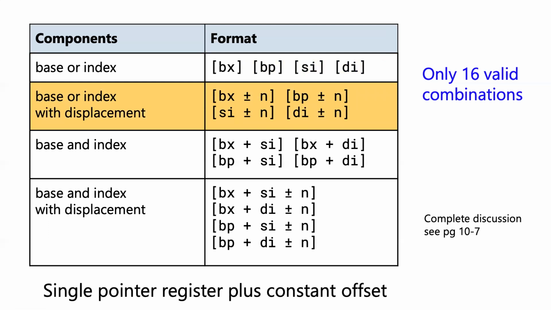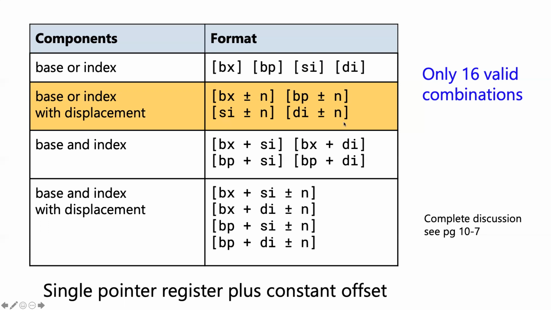I keep saying constant offset because, kind of like the example we did before with an offset of 20, whatever you add or subtract to the contents of these registers has to be something that the assembler can figure out. It has to be a numeric value that the assembler can figure out while it's assembling your code. And we've got an example of this later. This n can't be a variable, for instance.